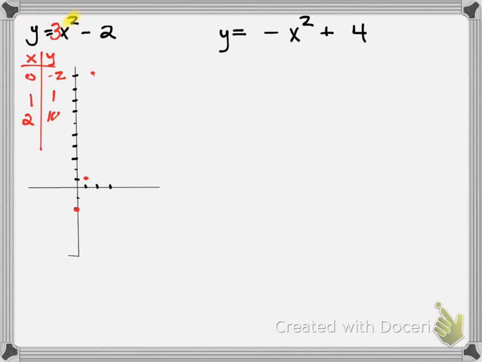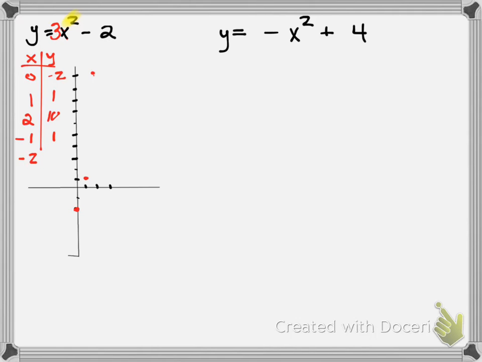So maybe I should plug in some more points because it's not a V like the previous type of problem. So what if I plugged in negatives on this one? -1 and -2. So if I plug in -1 and I square it, I get 1, multiply by 3, and subtract 2, I get 1.